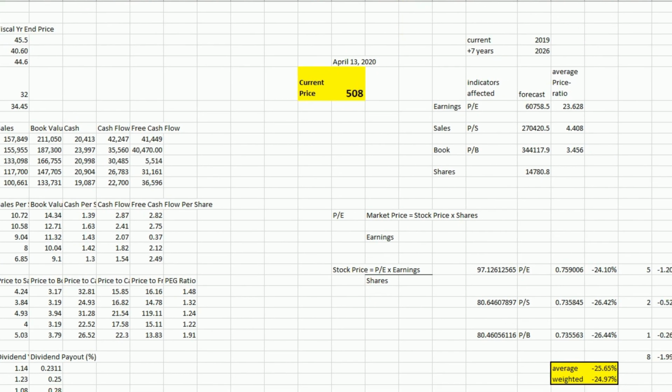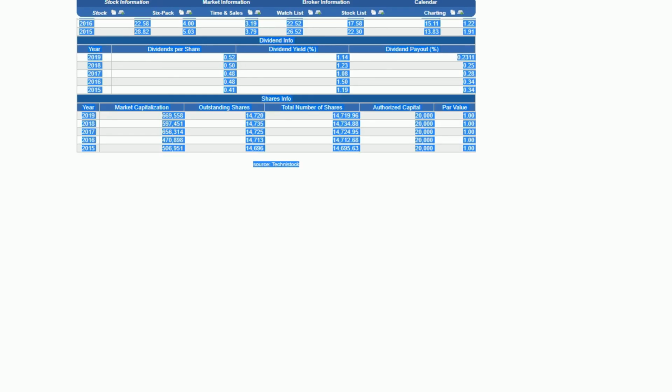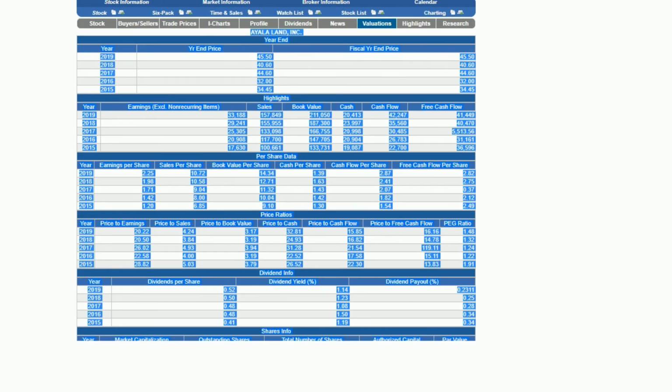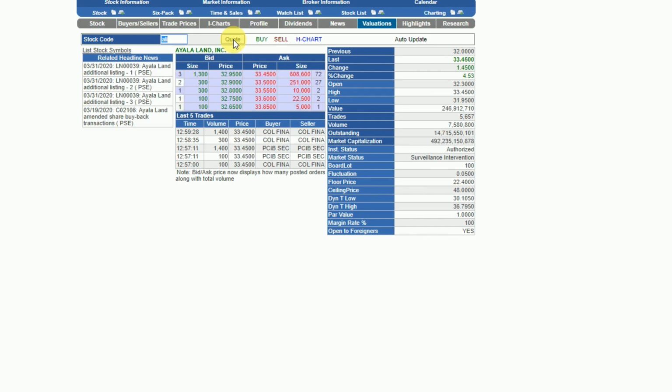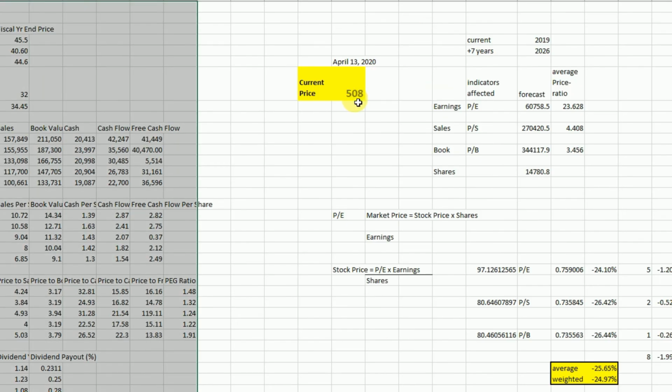All you need to do is to go back and look at the quote, the price for Ayala Land today, which is 33.45. Put it here, 33.45.